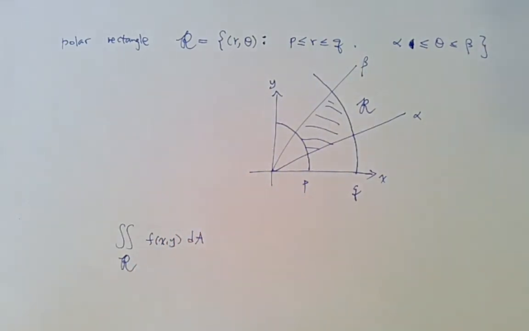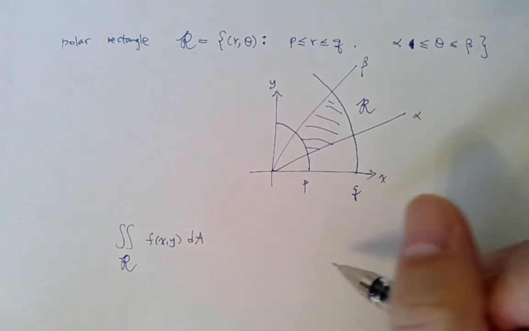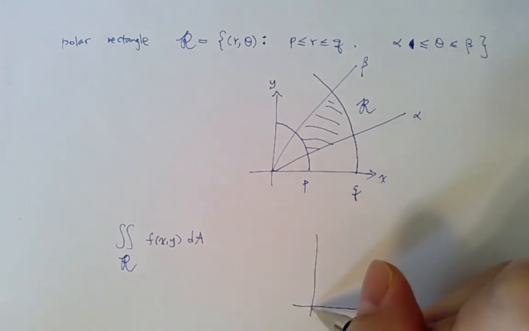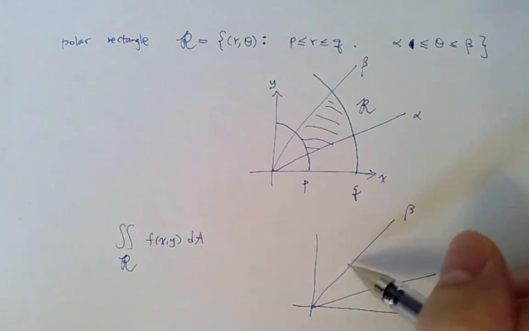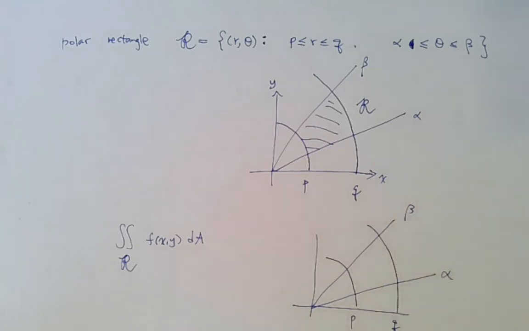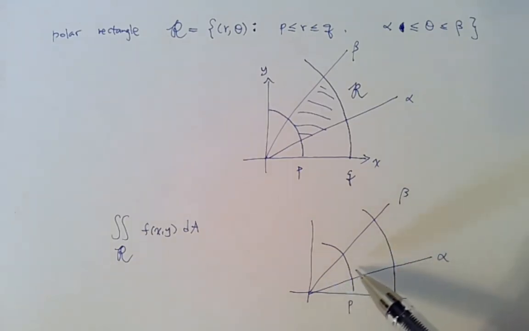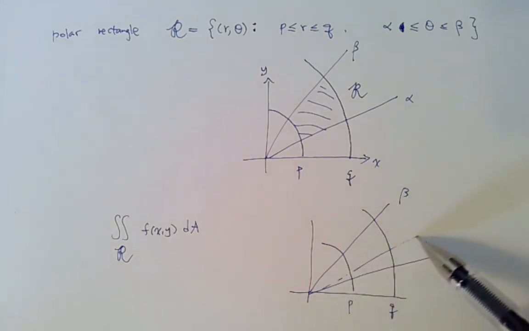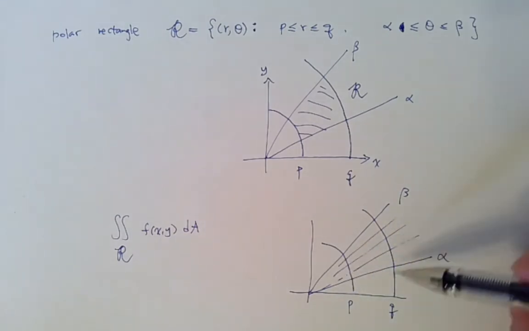Now, as usual, what we would do is we would chop this region up into pieces. So let me draw this again. Alpha, beta, p, q, and then we'll chop this region into a lot of subdivisions.